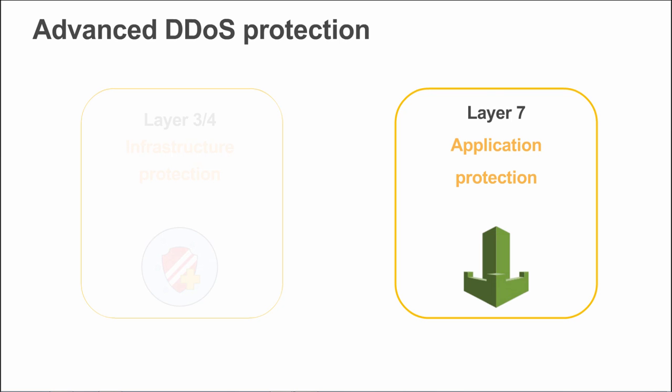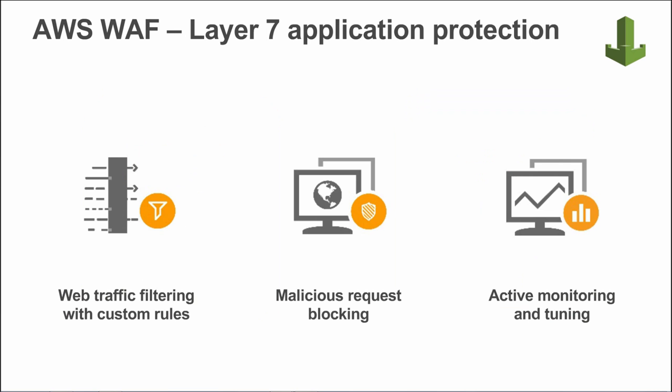Okay, so now that we saw layer 3 and 4 mitigations, let's talk about layer 7 or the application protections. We looked at AWS WAF before. Along with Shield Standard, you could use AWS WAF, or the Web Application Firewall, to build your own layer 7 protections.